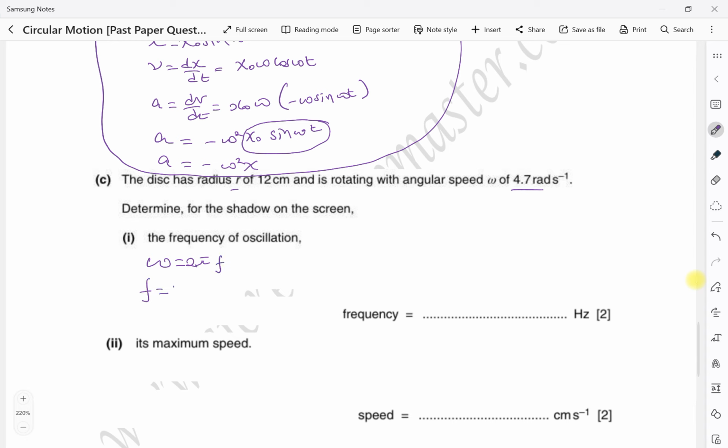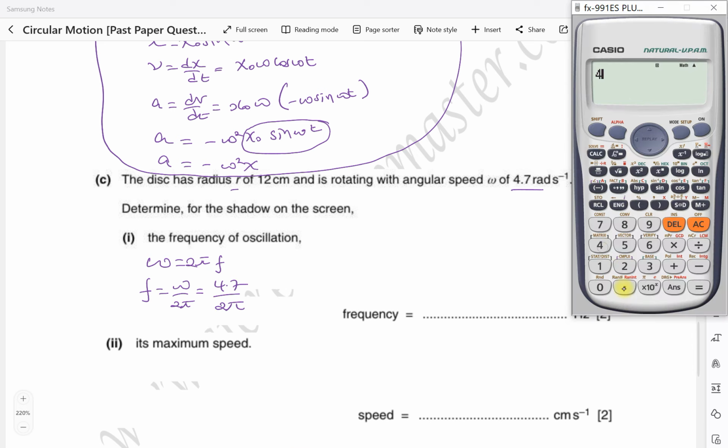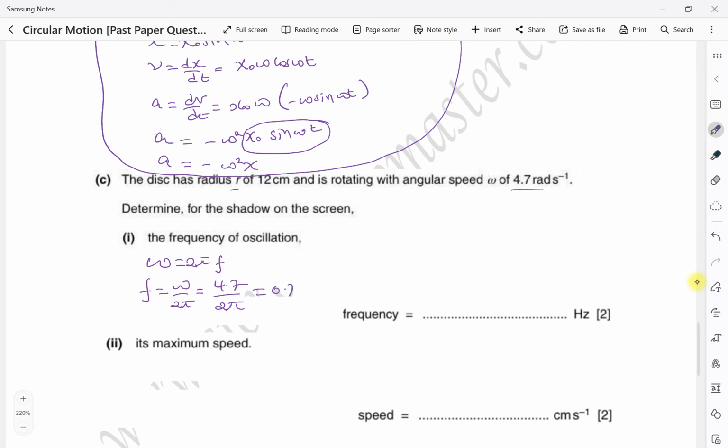So f is actually omega over 2 pi, which is 4.7 divided by 2 pi. That is 0.748 hertz, which is approximately 0.75.